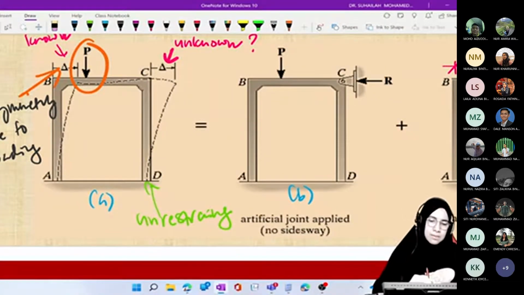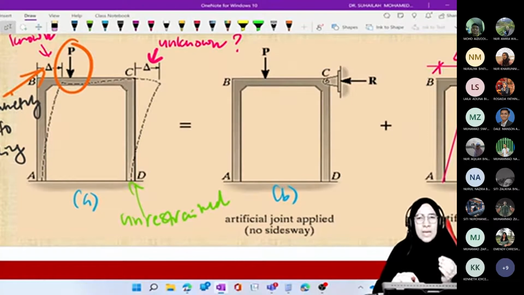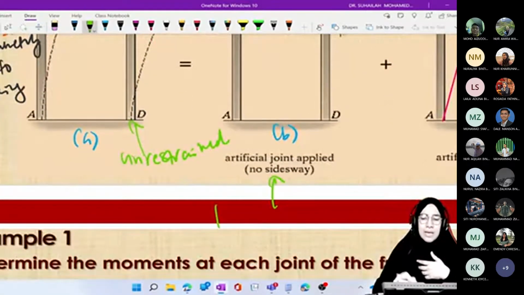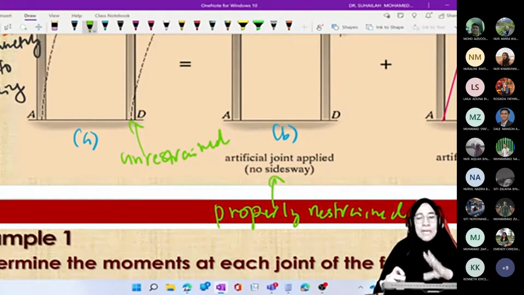Unrestrained. So whenever we remove delta, we have to change unrestrained frame to properly restrained frame. So B is properly restrained. Condition number 2, properly restrained.